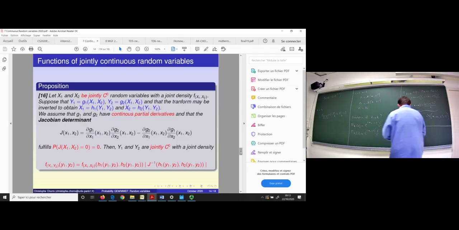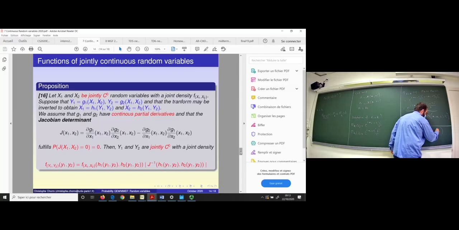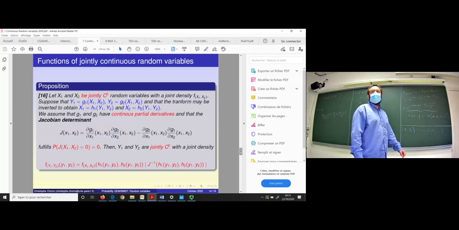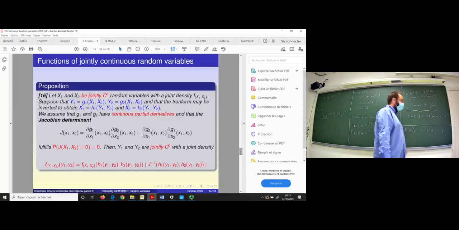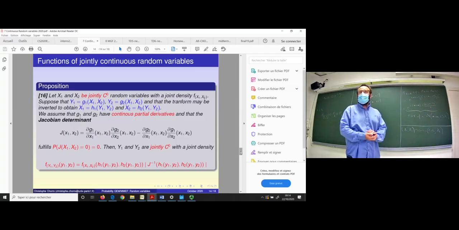So I can do the following. I will transform this vector by putting inside what I want. I want some news about x1 plus x2, and I want to complete the things in order to obtain a vector of size 2, but I can put x2.